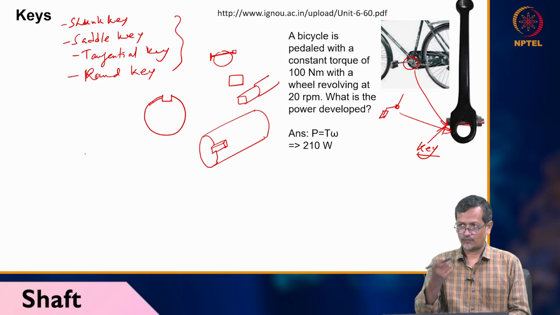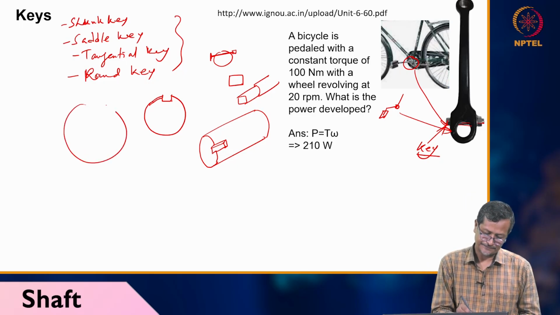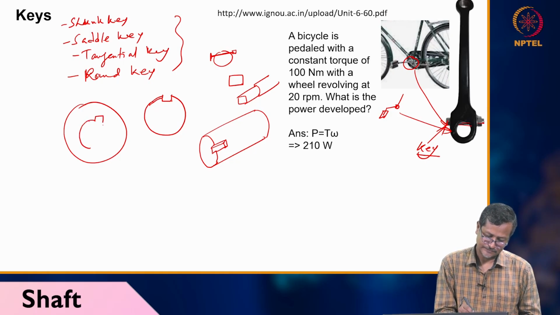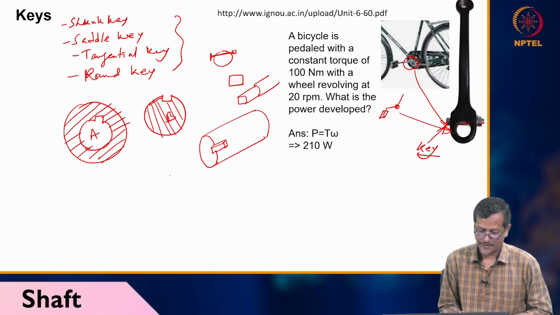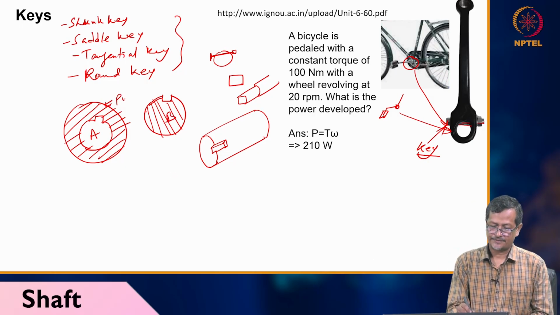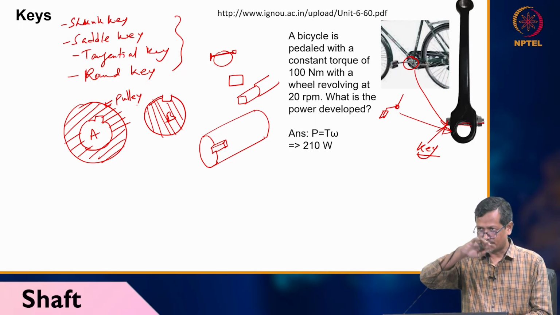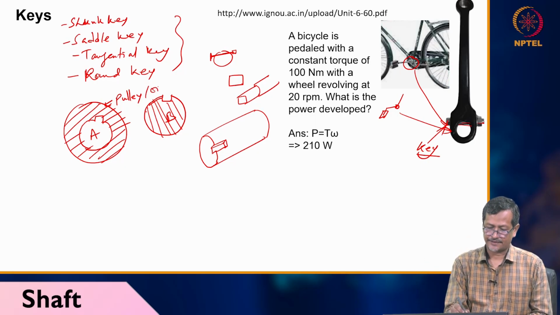Now shaft and one pulley or hub. A, B. So you can see this is, let's say, a pulley or some gear. Okay, this is your shaft.